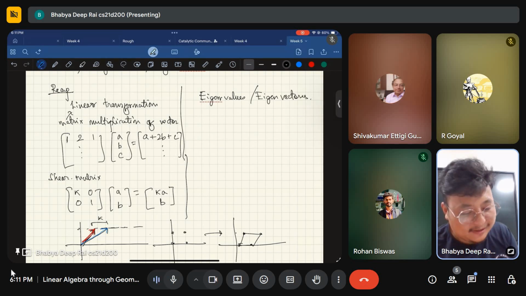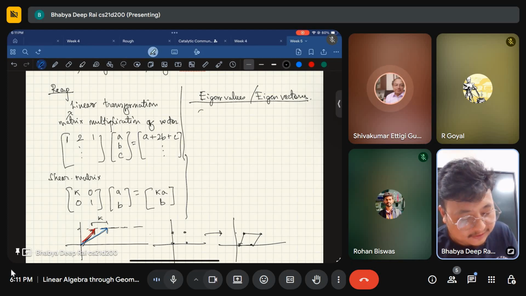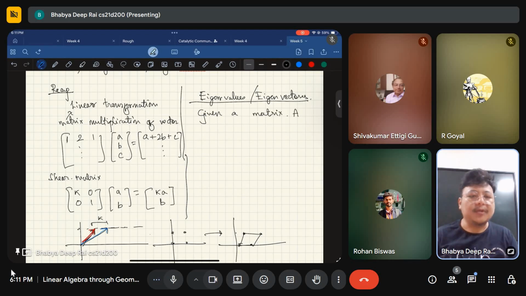Okay, and in theory, I think we all have studied that you are given a transform, a matrix, A. Now the important part of the course is that you don't view a matrix just as a matrix.